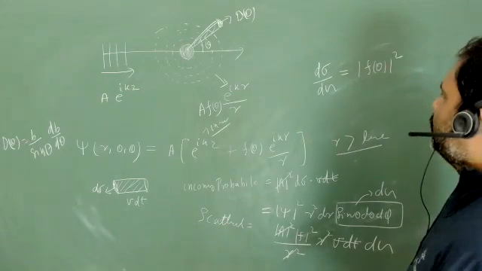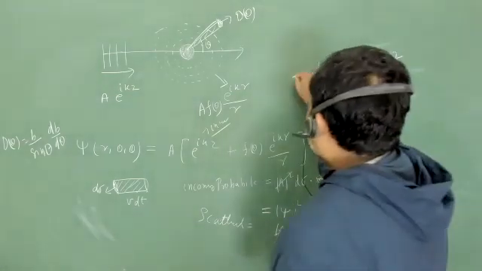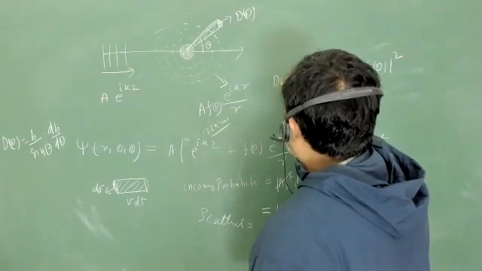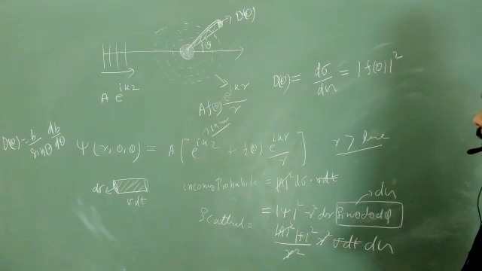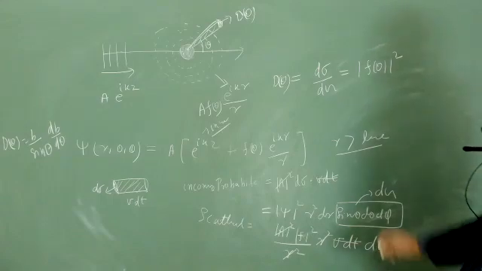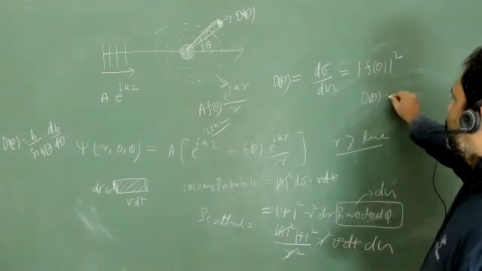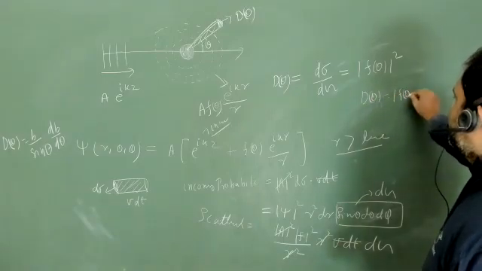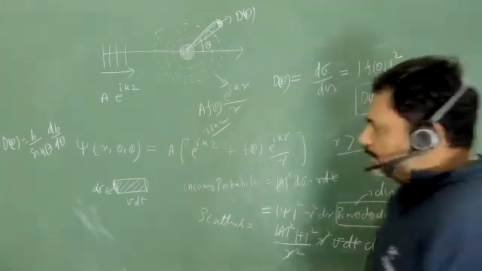It is identified as the differential scattering cross section, given by mod f theta whole square in the quantum mechanical treatment.